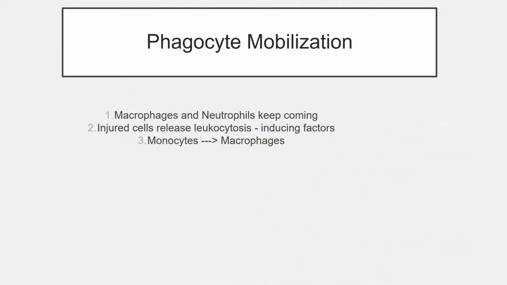The first step of phagocyte mobilization is getting more macrophages and neutrophils to the area. Macrophages go to chronic infection and neutrophils go to acute infection. Then, injured cells release leukocytosis-inducing factors, which cause positive chemotaxis to the injury, which will bring more macrophages and neutrophils to the area.